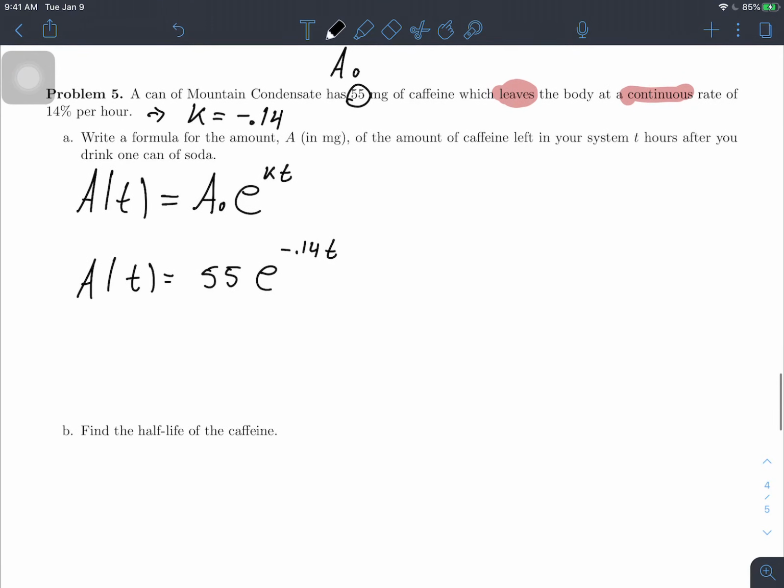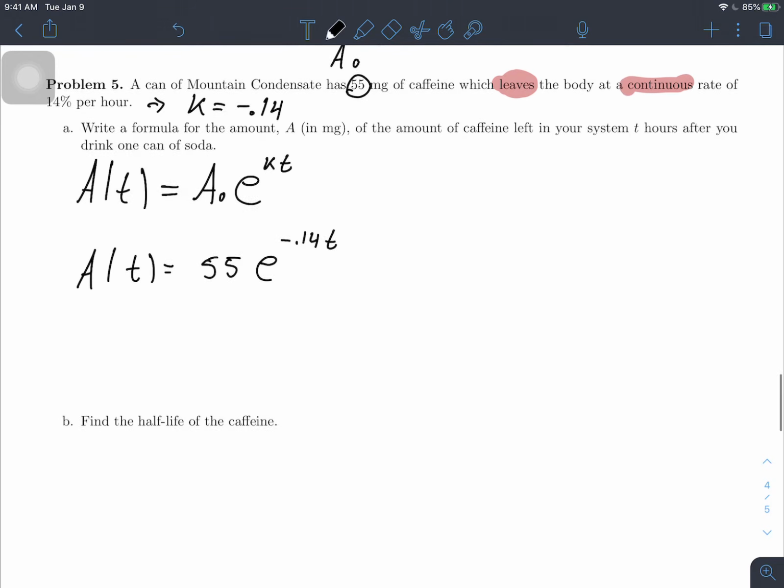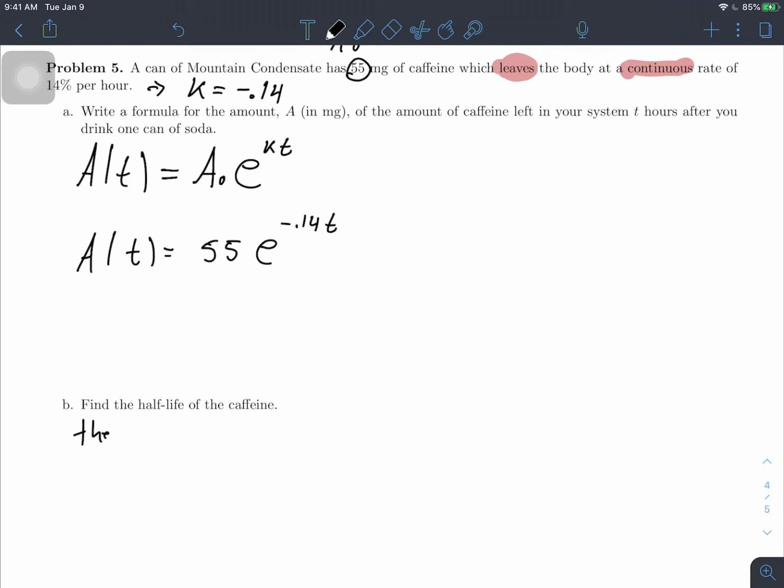So now we're asked to find out what the half-life is. The half-life is going to describe the amount of time that it takes for there to only be half of the original amount of caffeine left in my system. So what we want is the time T such that A of T equals 1/2 A0.